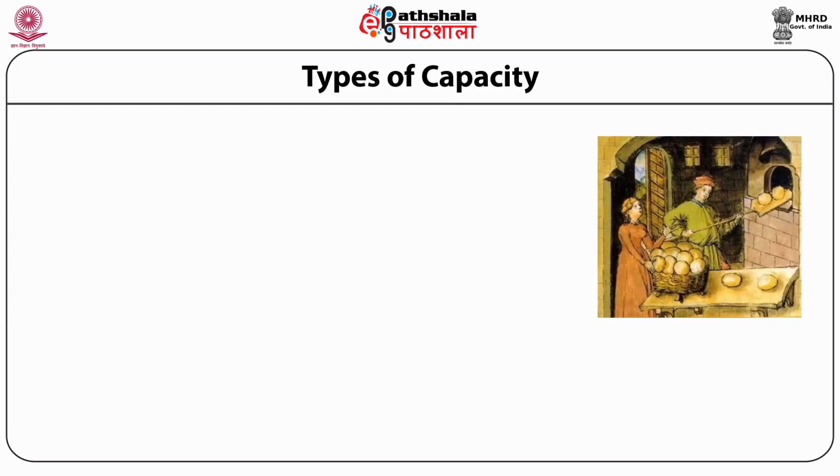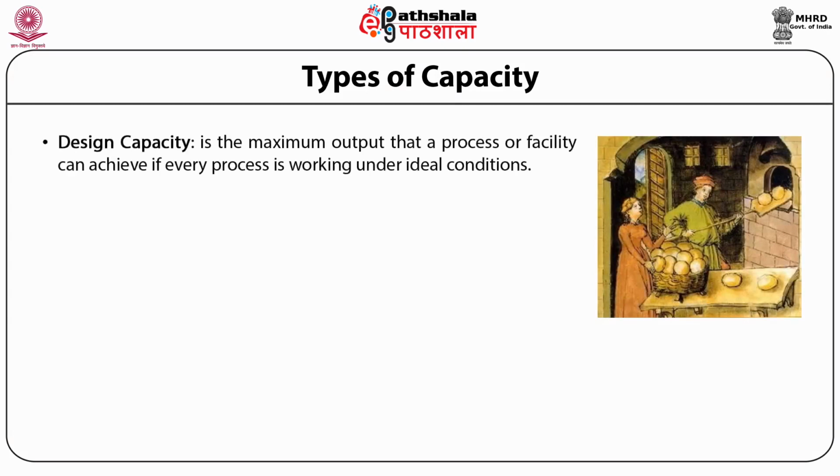Types of capacity. Design capacity is the maximum output that a process or facility can achieve if every process is working under ideal conditions. Achievement of ideal conditions is near impossible because there would be breakdown of machinery, absentees and other disruptions.